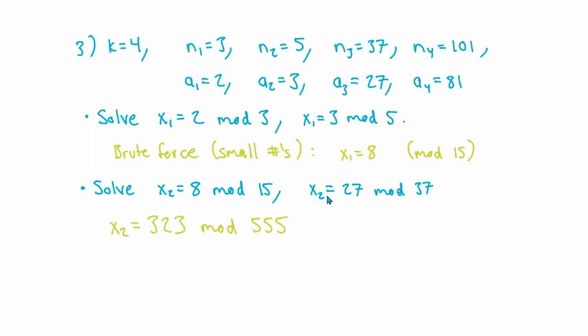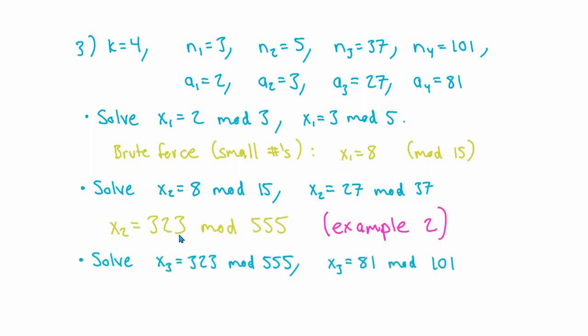Well, the good news here is that we just now did this one. That was the result from the previous example, and we found that we can take x2 to be 323. And so now for the final step, I need to find an integer x3, which is equal to 323 modulo the product of the first three moduli, and which is equal to 81 modulo the last modulus.